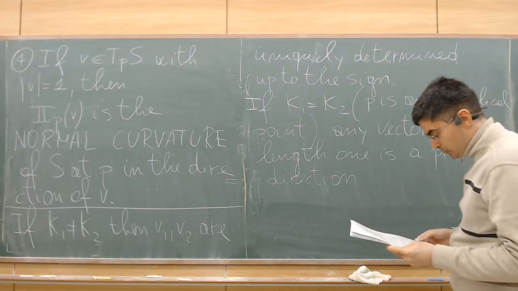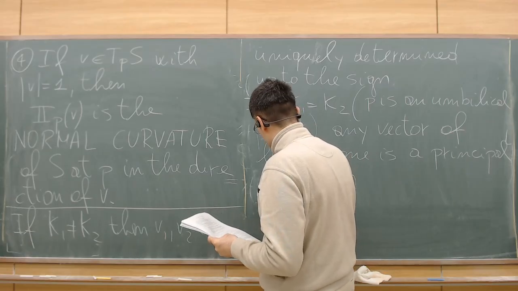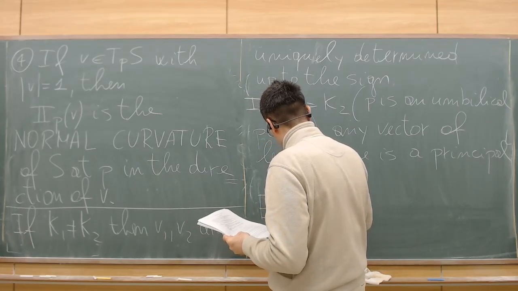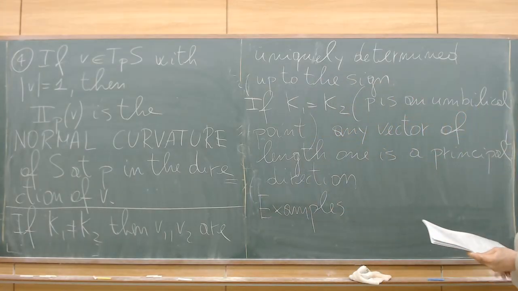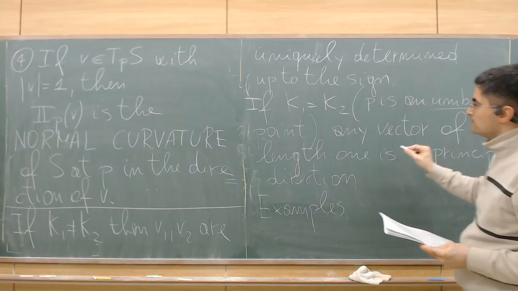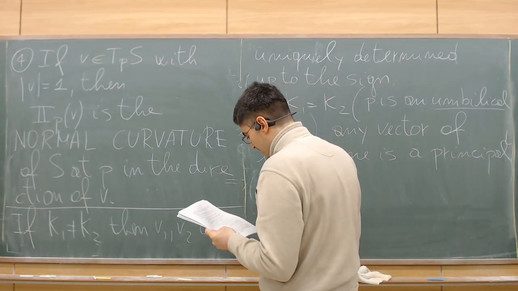I want to show two examples of surfaces with umbilical points. The first one is the plane.